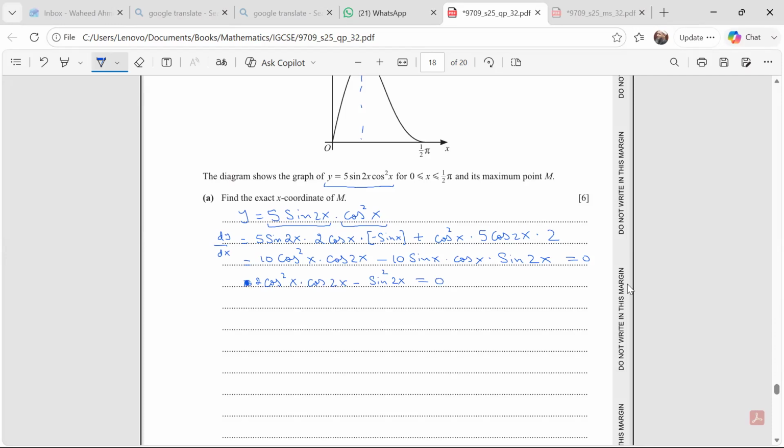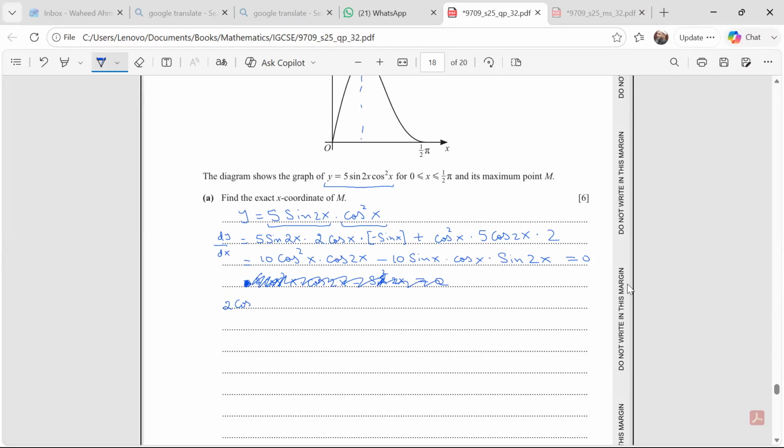I'm trying to solve this part. What can I do now? Wait a second. If I take cos x common outside, okay, let us not do this part.